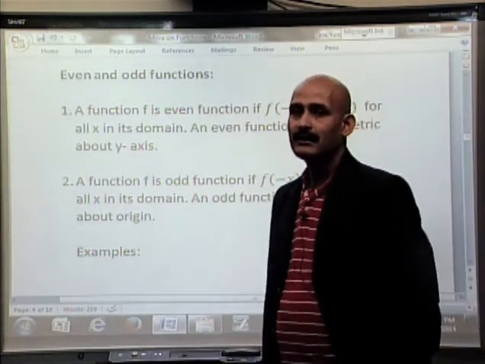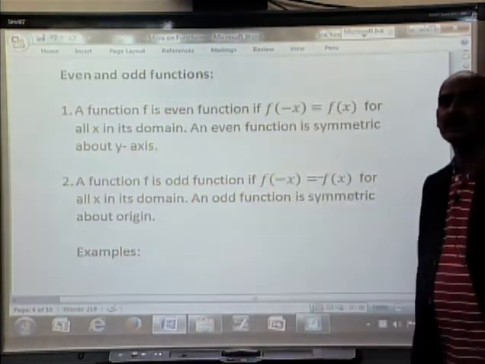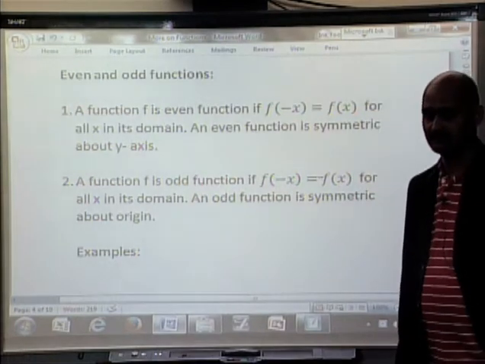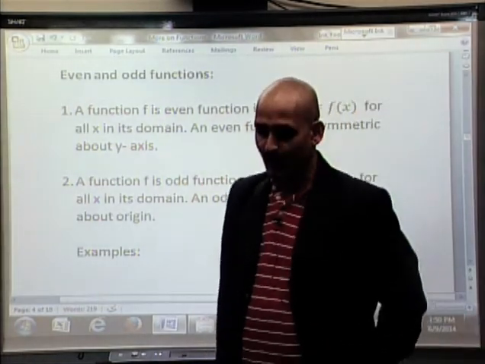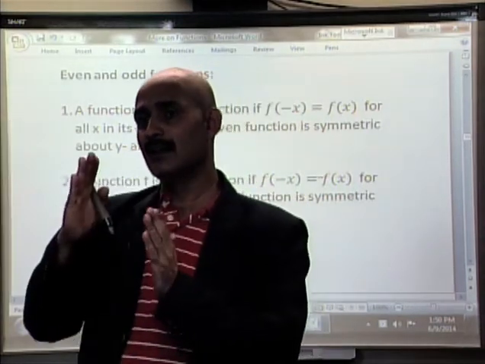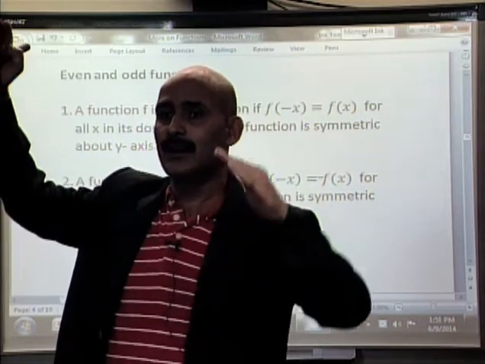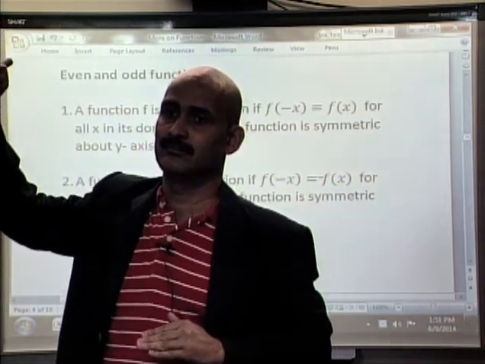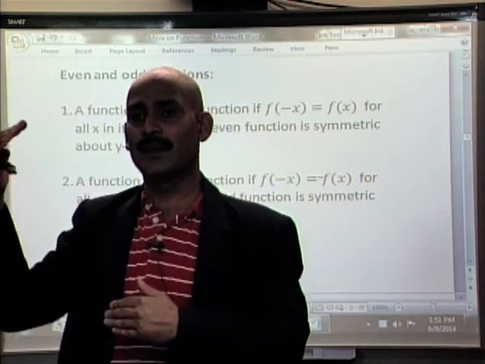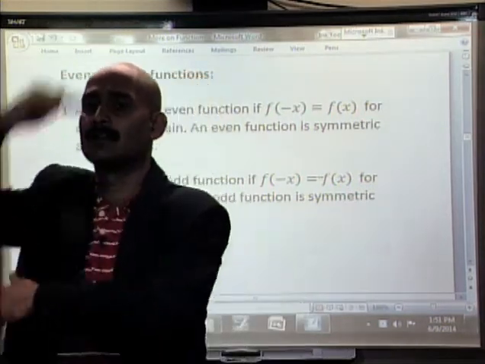Graphically, the graphs of odd functions are symmetric about the origin. Symmetric about the origin means whatever we see on the right up, we should see the same thing on the left down, or whatever we see on the left up, we should see the same thing on the right down.